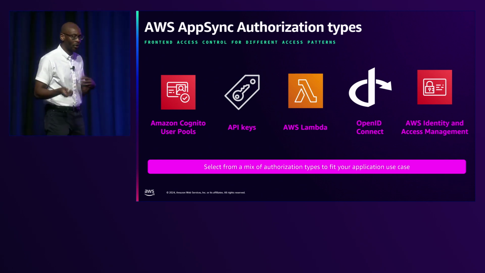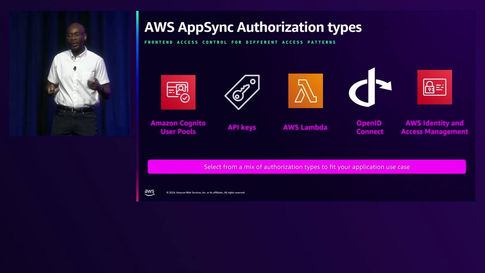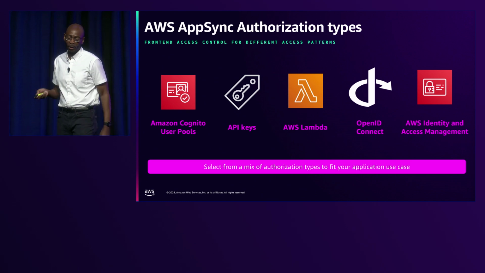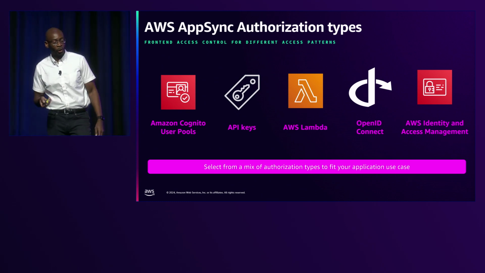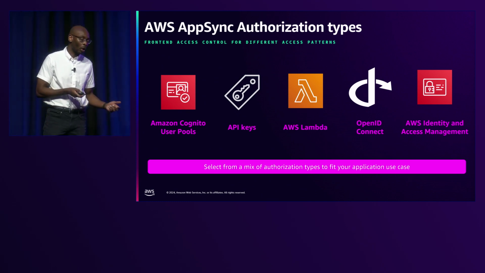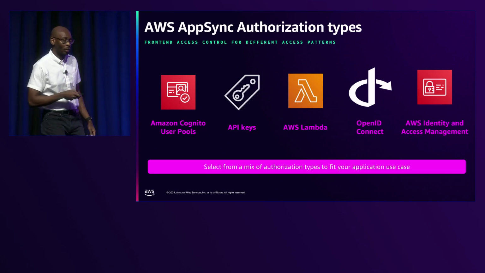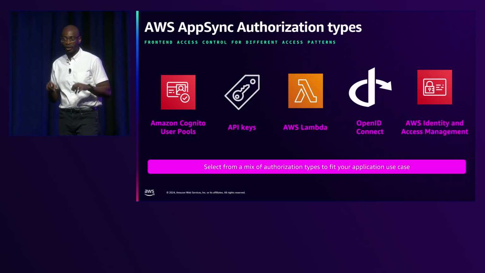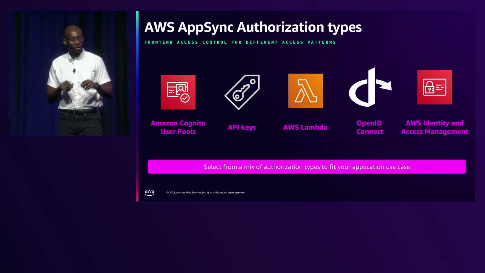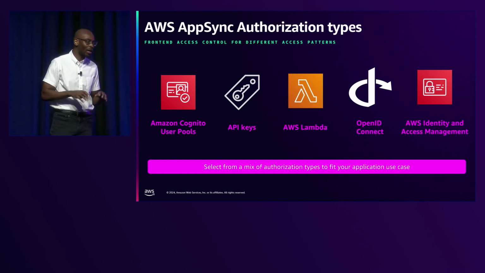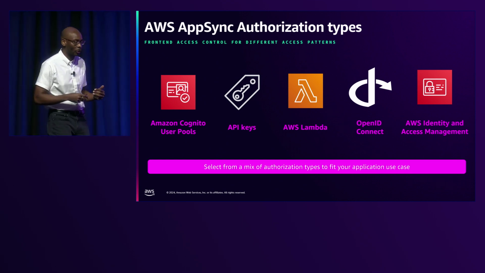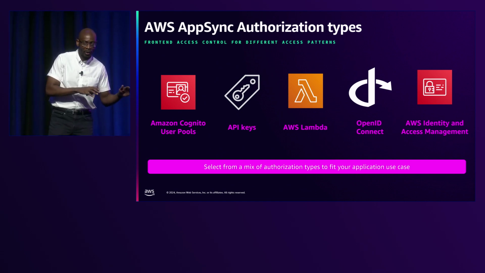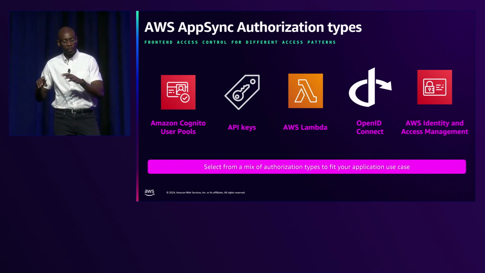In development, you can use API keys, or you can also use API keys for semi-public access patterns in your API. Many of our customers are choosing to use Lambda authorizers to build their own custom authorization. The key thing here is that you can use the authorization mode that is best suited for your application, and notice that you do not need to expose any of your backend credentials in your applications. So you decouple your front-end application authorization pattern from your backend permissions.